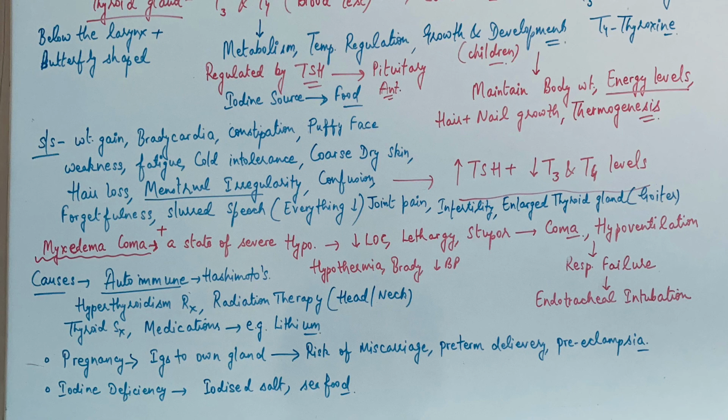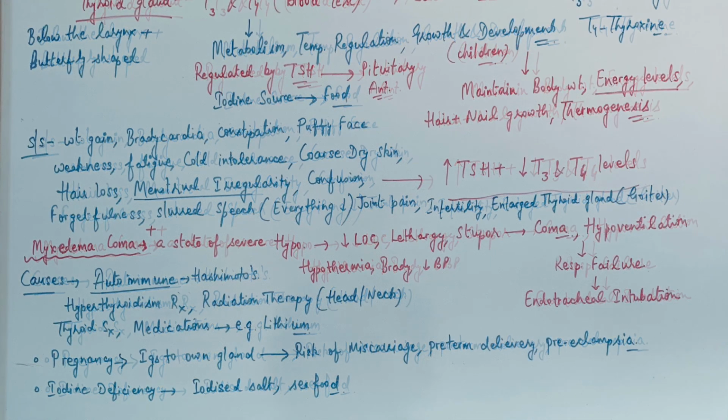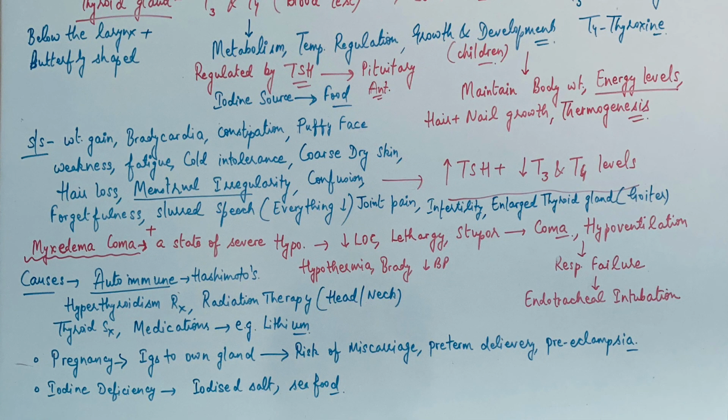The other cause can be treatment for hyperthyroidism, the condition in which the thyroid gland is extremely over-secreting the T3 and T4 hormones. So the treatment of hyperthyroidism can lead to hypothyroidism. Another reason can be radiation therapy, like in cancer of the head and neck.